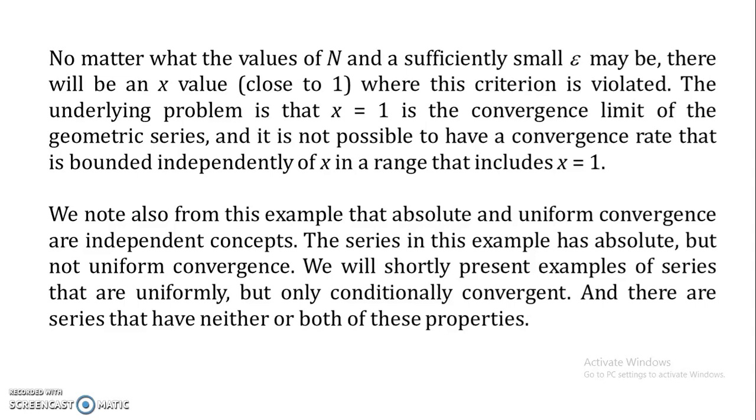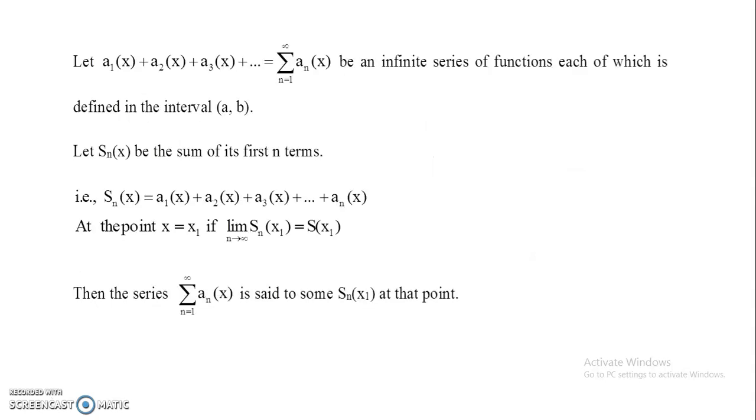The series in this example has absolute but not uniform convergence. We will shortly present examples of series that are uniformly but only conditionally convergent, and there are series that have neither or both of these properties.